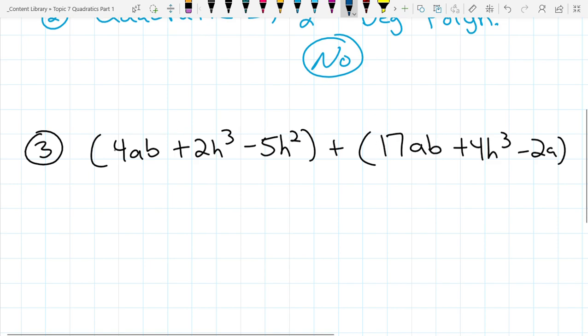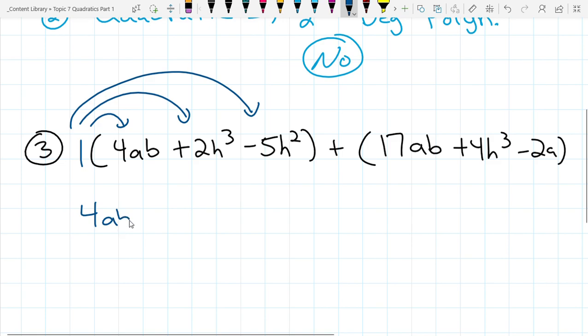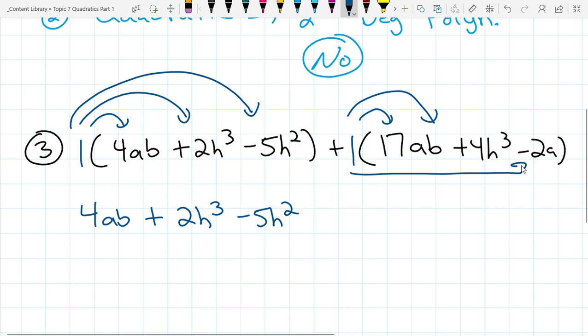The first thing we need to do is get rid of these parentheses. There's a 1 in front of here, so everything in here gets multiplied by a 1, which obviously changes nothing. So it's 4ab plus 2h cubed minus 5h squared. In our second parentheses, there's a 1 in front. It multiplies everybody as well, and it also changes nothing because you're multiplying by a positive 1.